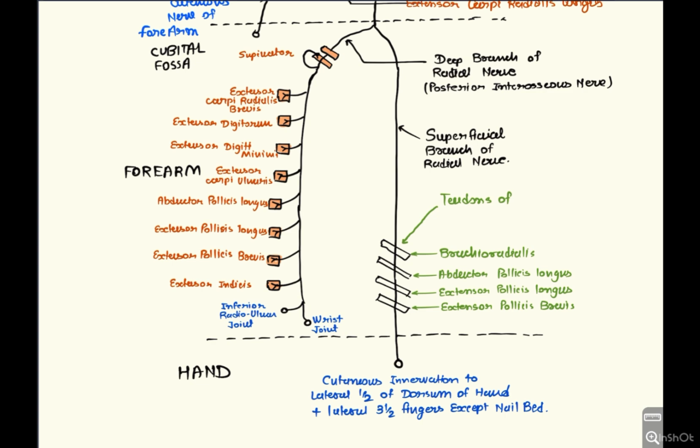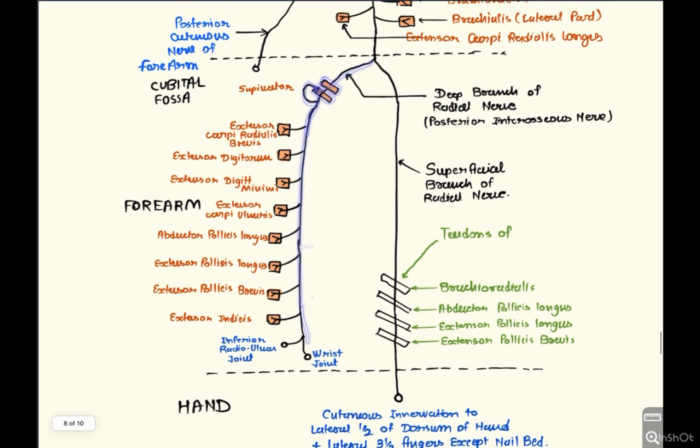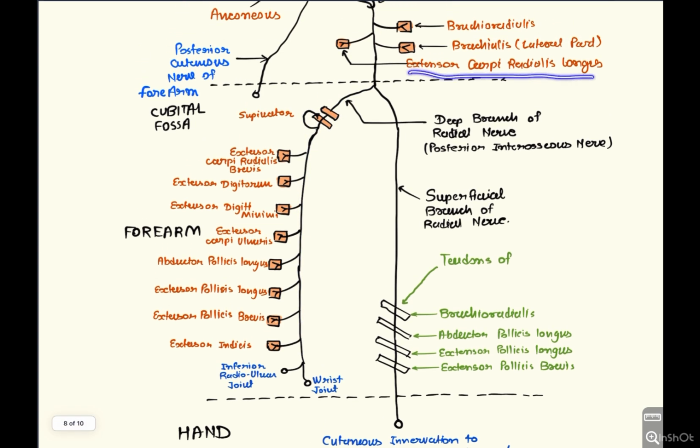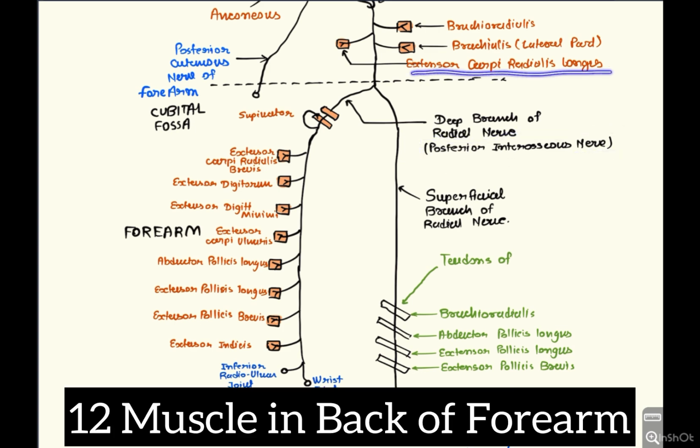The posterior interosseous nerve will first pass through the two heads of the supinator muscle, and after passing through these two heads, it will supply the supinator muscle, and then it will give the muscular supply to all the muscles of the back of the forearm except the extensor carpi radialis longus and the brachioradialis, because these two muscles are already supplied by the radial nerve in the arm.